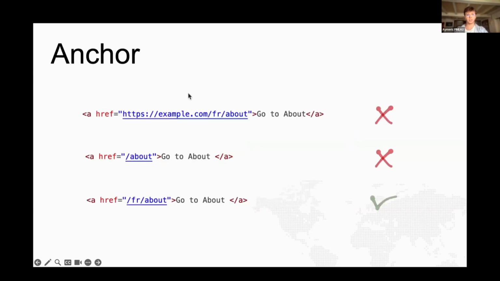The next point is using first local paths for your application instead of global ones. If the link is inside your application, just prefer using the local one. Again, on Next.js, that will allow prefetching your pages. And if I'm in the context of a French application, I'm on the home page and I want to go to the about page, I don't want to redirect the user to the English version of that page.